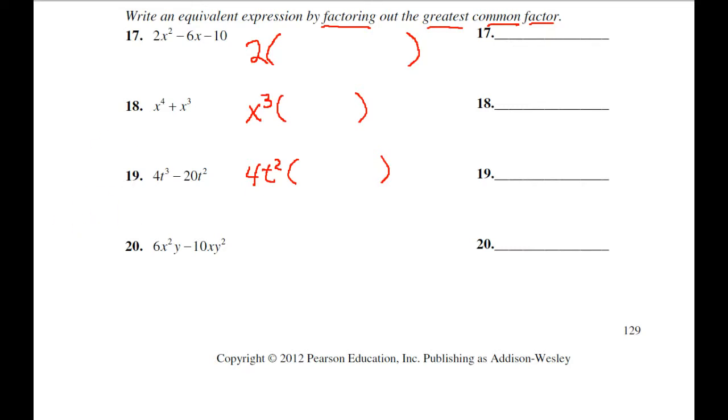And then here we can factor out a 2x, y out of each term. And we'll see what you get in there after we've given you this hint.